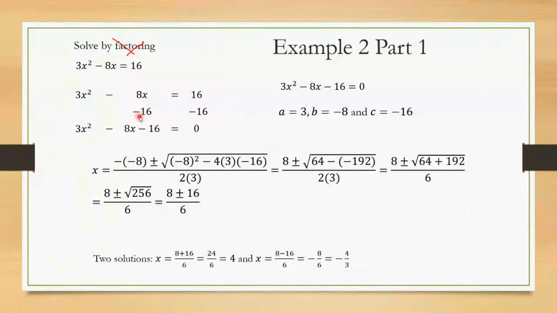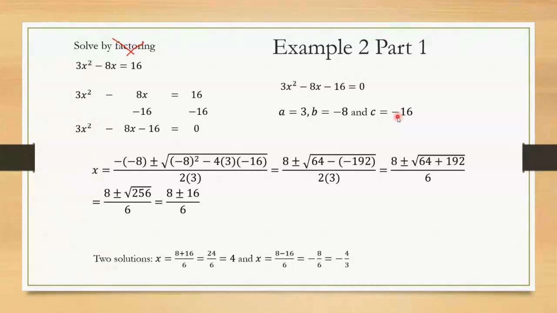When you add or subtract the same thing to both sides of an equation, that doesn't change anything. So this equation is equivalent to what we started with. Now, from here, we have this. Okay, so A is 3, B is -8, and C is -16, right? We have to include the negatives.